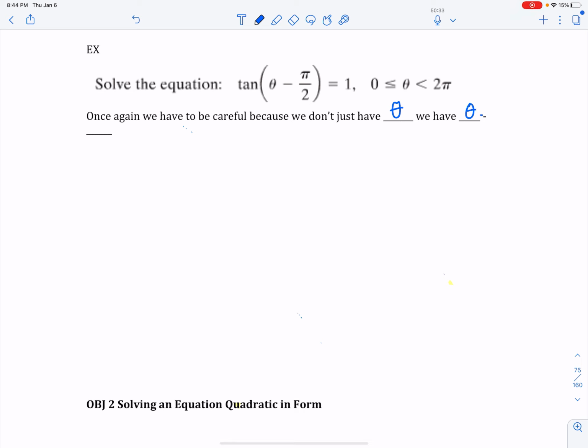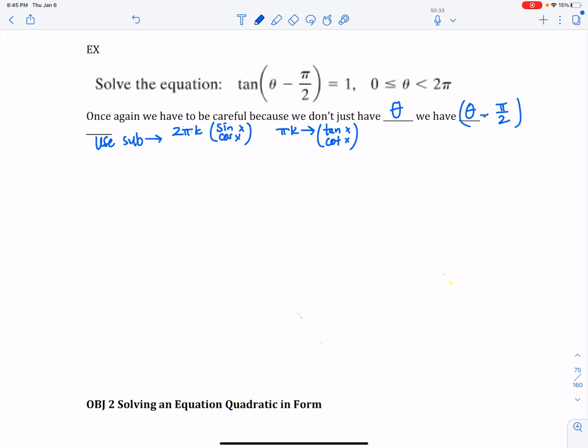So this is why we have to use substitution. Whenever you use substitution, you're going to have to use either 2 pi k for sine and cosine, or pi k for tangent and cotangent.